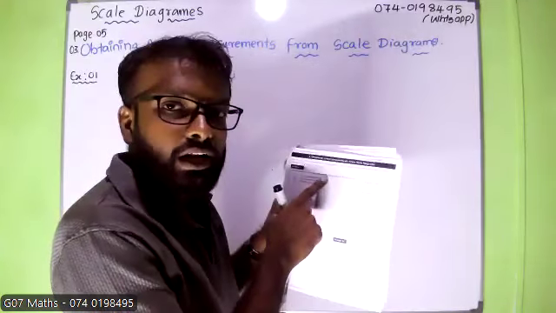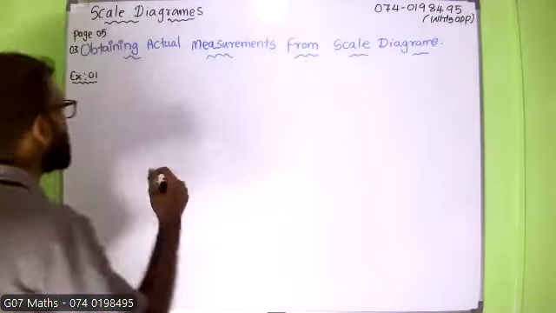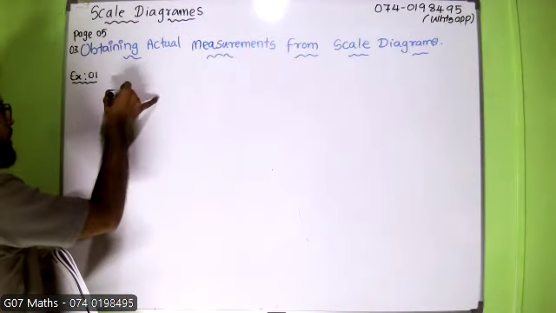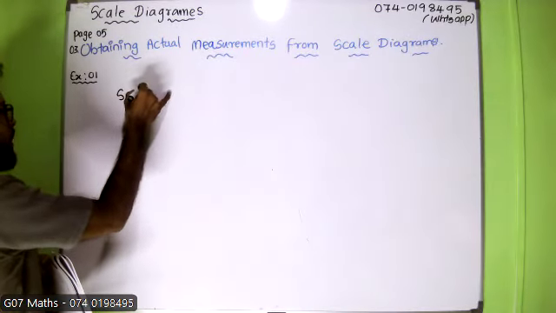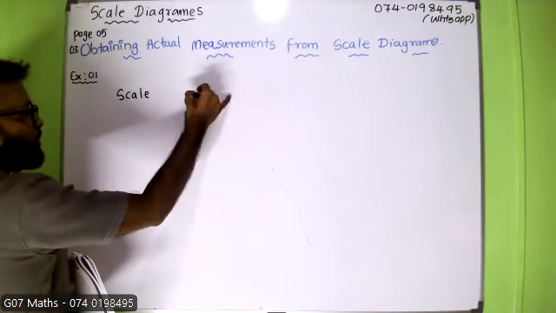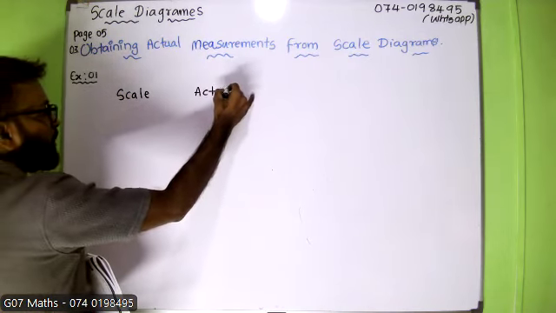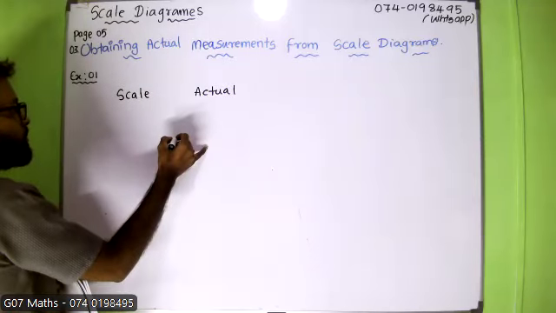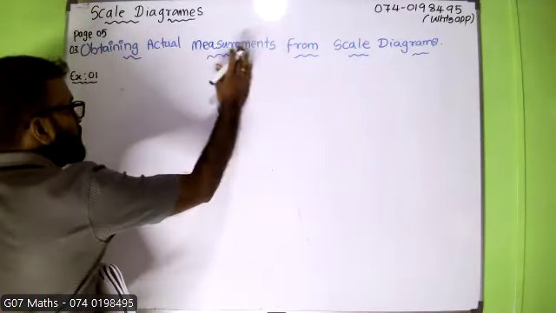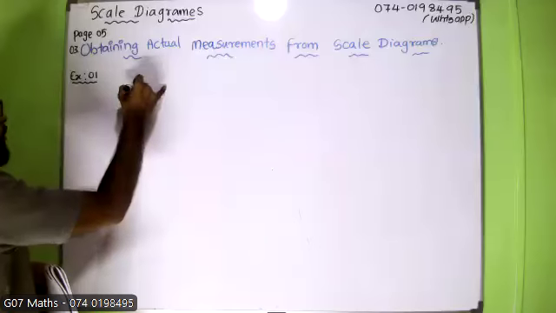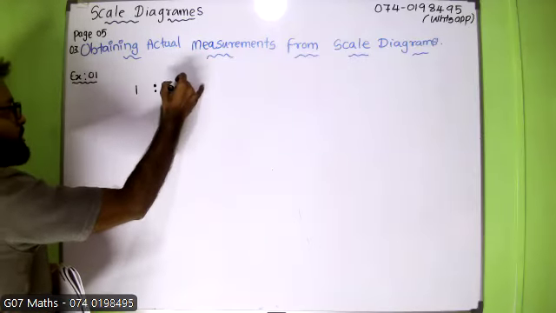Scale or ratio, ratio 1 to 600. Very easy. You have a scale and the actual. So I am going to write the ratio 1 to 600.